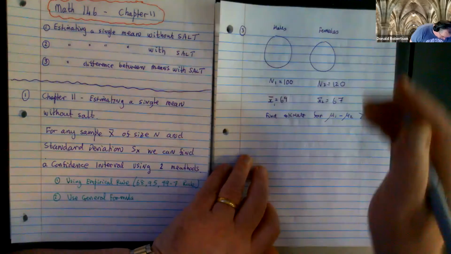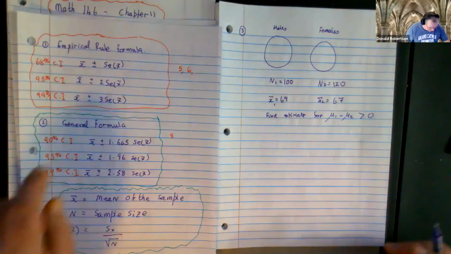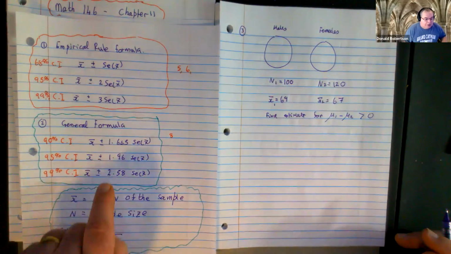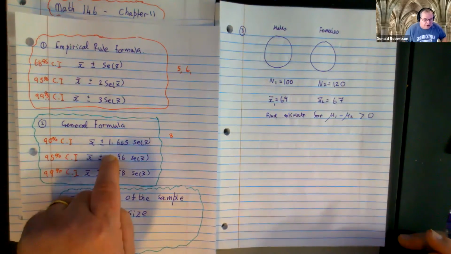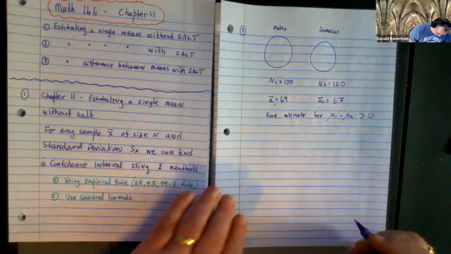There is a formula for it. We could do an empirical one, but we won't. Let's do a general one, because actually the general one is closer to what's happening inside the computer.